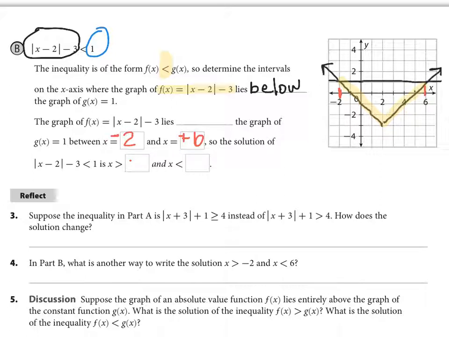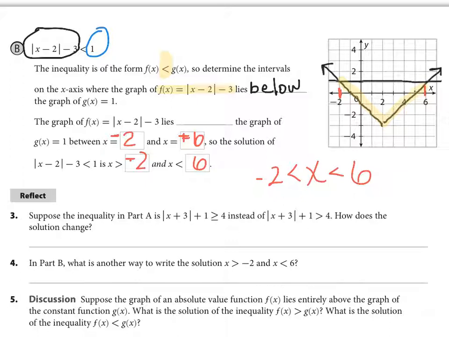Got those mixed up. That should be x is greater than -2 and x is less than 6. Another way you could write that is -2 is less than x, which is less than 6.